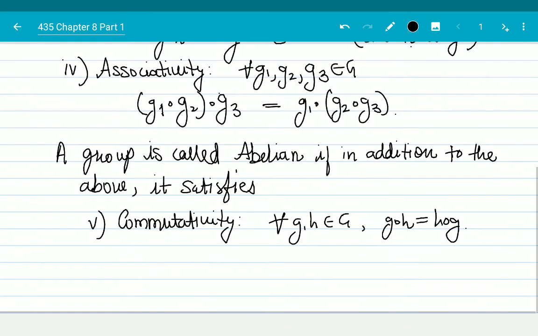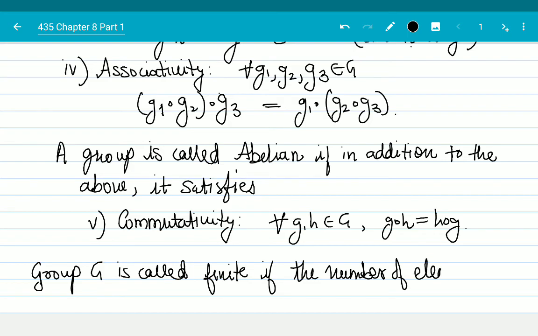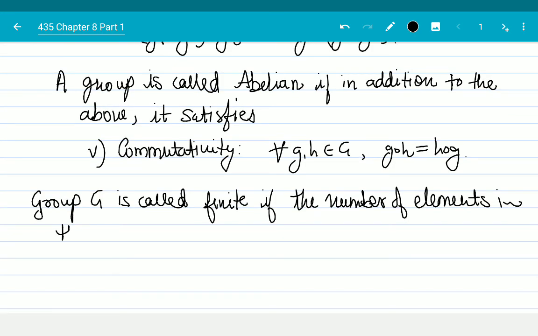Group G is called finite if the number of elements in the set G is finite.